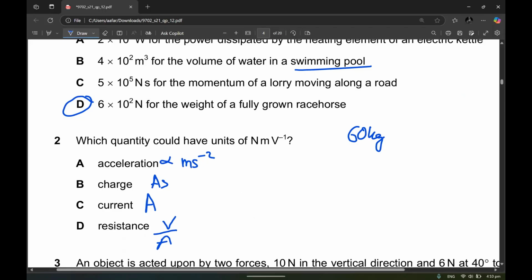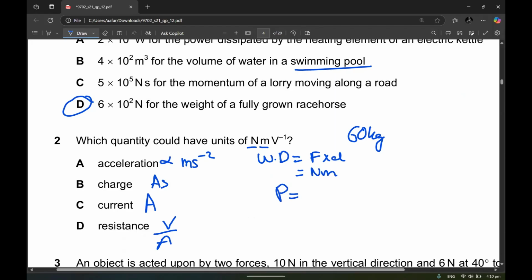For charge, charge is basically the current over time, right? Oh, wait. Force and distance is work done, right? Work done is force into distance, and that's Newton meter.